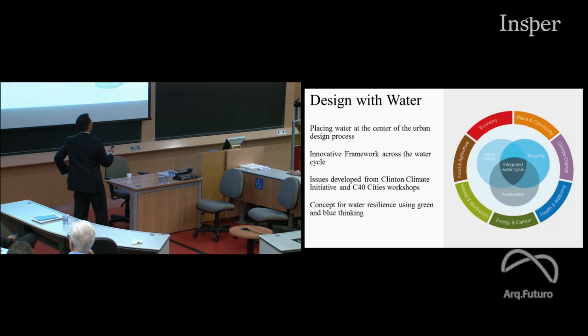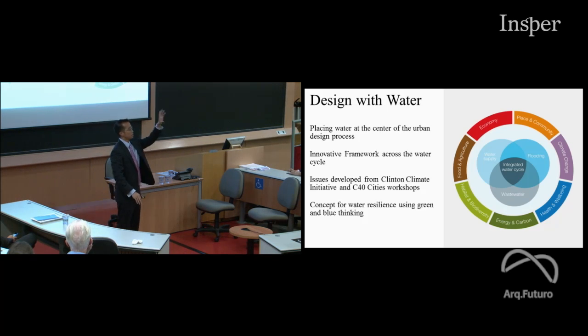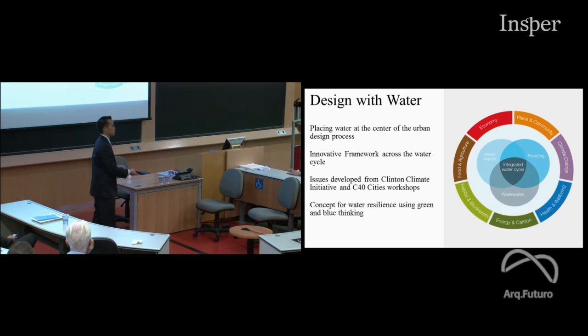We've created an innovative framework that looks at water supply, stormwater, flooding, wastewater, and how we can integrate each of those different parts of the urban water cycle together. How can we leverage natural systems and ecosystem services?